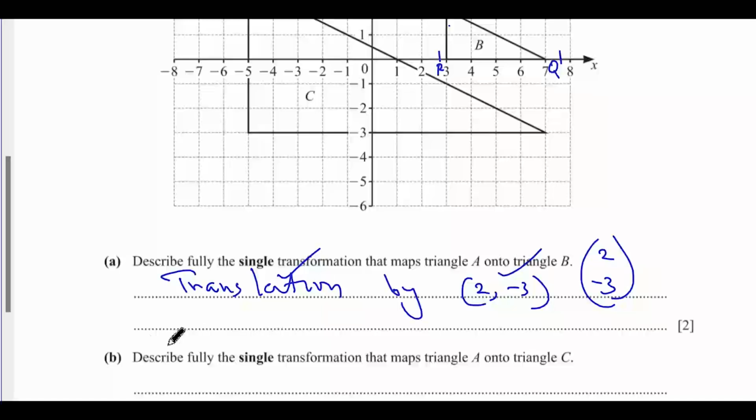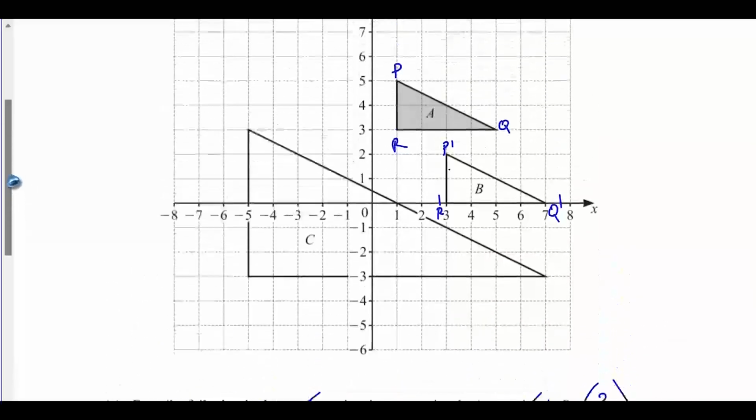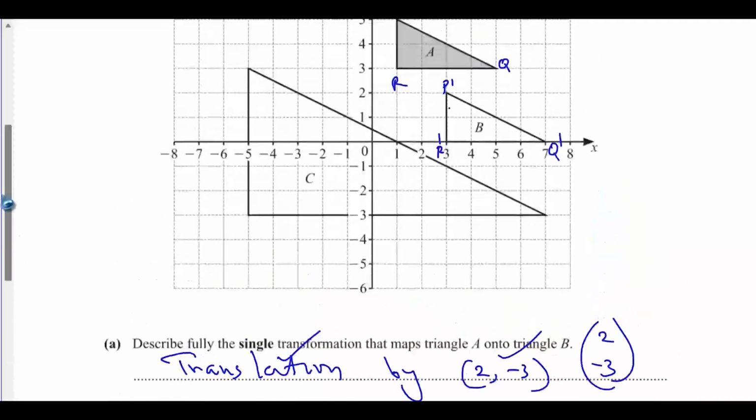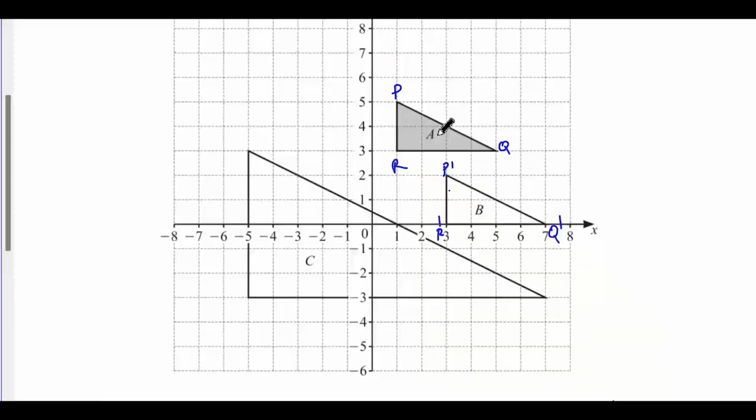So part B, describe fully the single transformation that maps triangle A onto C. That is 3 marks, so you should have 3 things. That's just a clue for you. So we are dealing with A onto C. This is A, this is C. So we can label this P double prime, this R double prime, and this Q double prime.